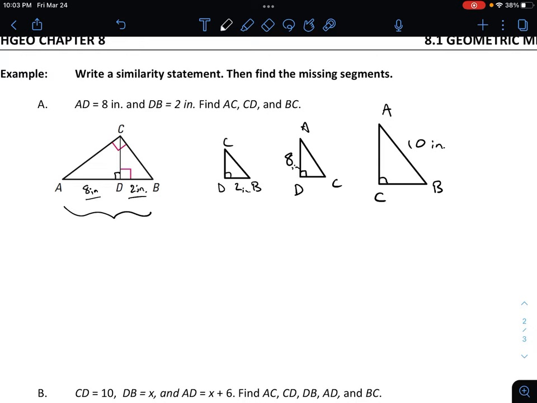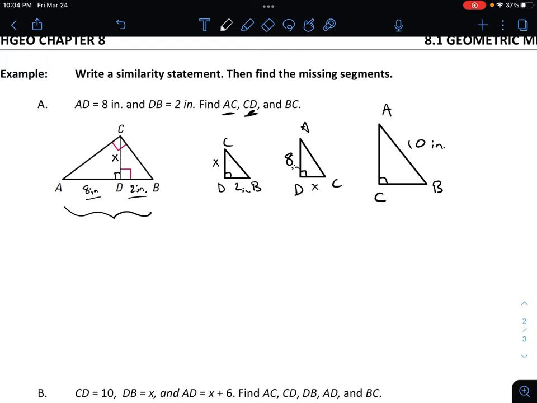All right. So from here, I'm actually going to have enough information, because let's try to find CD. If I'm trying to find CD, I'm going to put the letter X for CD. And notice CD is also here as an X. Then I'm going to label AC.